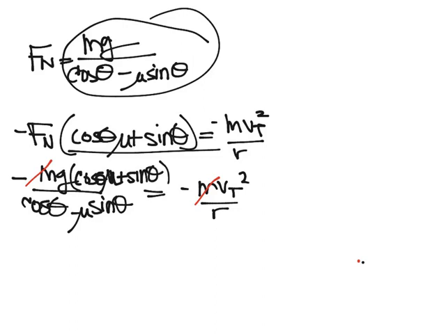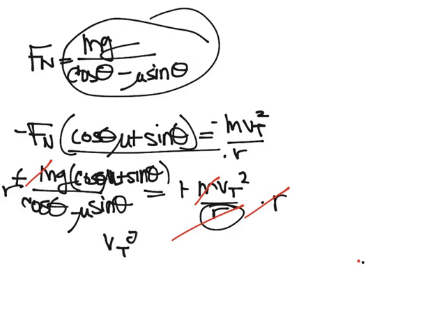Okay, and again, I need to bring the r over here, so I'm going to multiply both sides by r, and again, I can cancel out the r's. Okay, so I'm canceling out the r's, and I'm left with kind of a messy equation, but that's okay. I could hypothetically plug numbers in for all of these things.